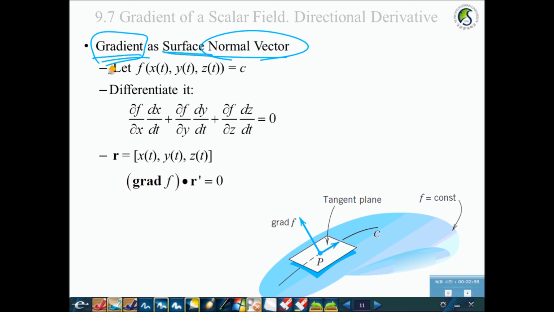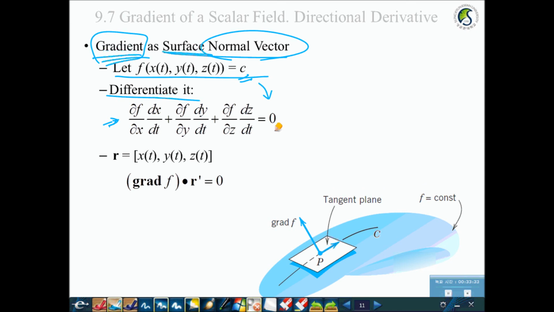Let's see. Let f be a function of x, y, z. Then you differentiate it. Then df over dt is the partial df dx times dx dt, because x is a function of only t, and so on. This is the chain rule. Since there's a constant c, if you differentiate it, it becomes 0.